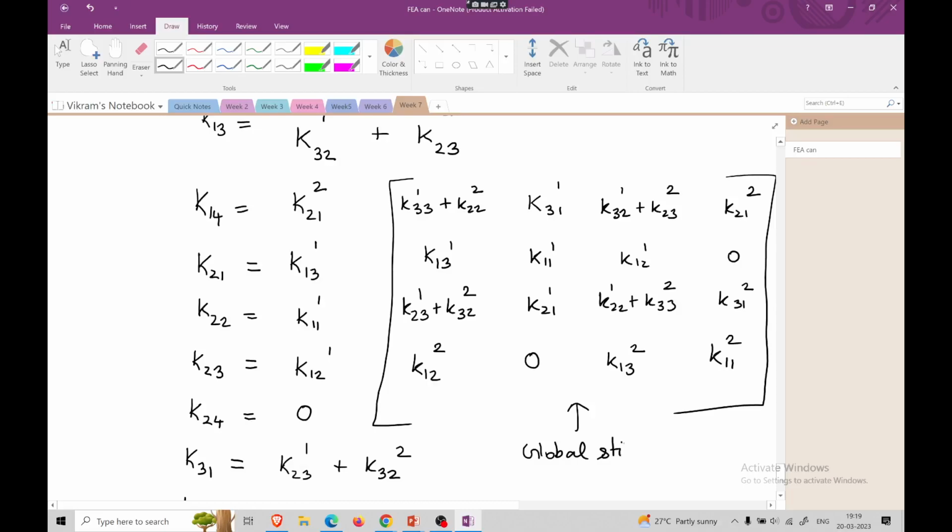Similarly, 2, 3. So if I write the coordinates, this will be 0, 0, this will be a, 0, this will be a, b, and this will be 0, b. Right. So this was my element 1. This was my element 2.